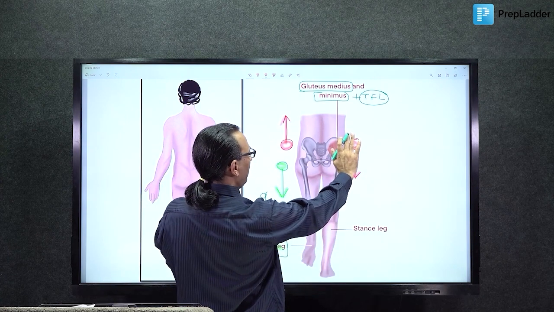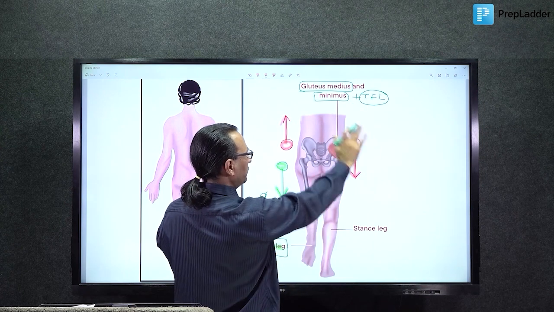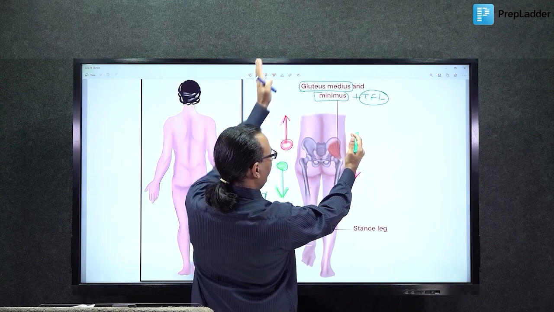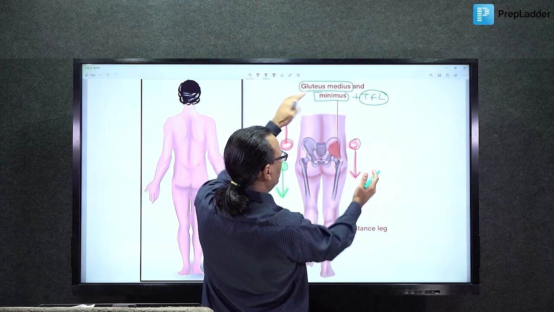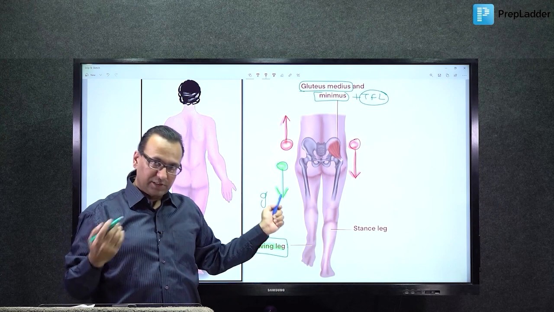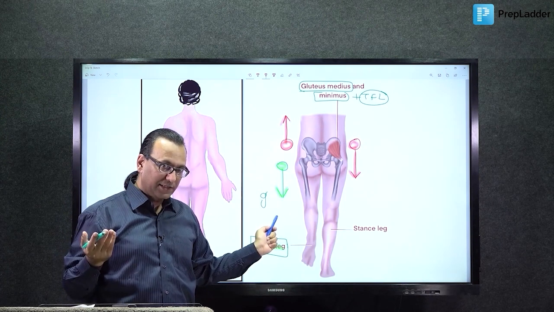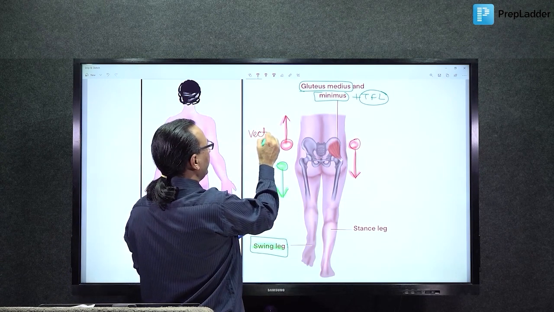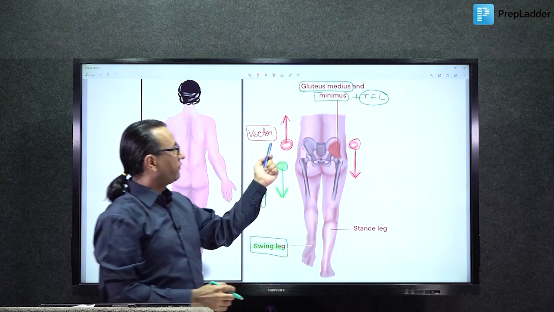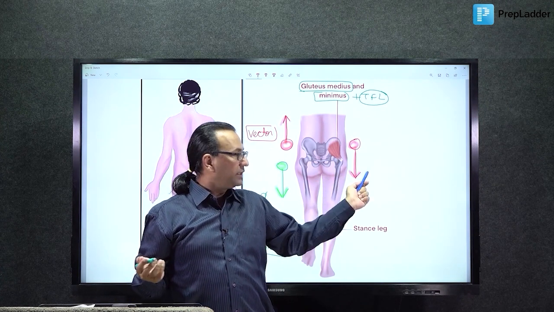So, trio muscle of the right side will pull the right hip bone down, and automatically the left hip bone will go up. It will basically be a purpose to counteract the gravity here. The gravity was pulling the left pelvis down. You have to balance it, and you are creating a vector which will be balancing it. But that vector is created from the opposite-sided trio muscles supplied by superior gluteal nerve.